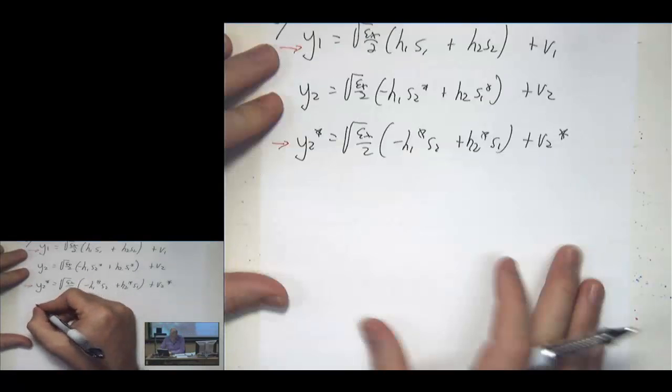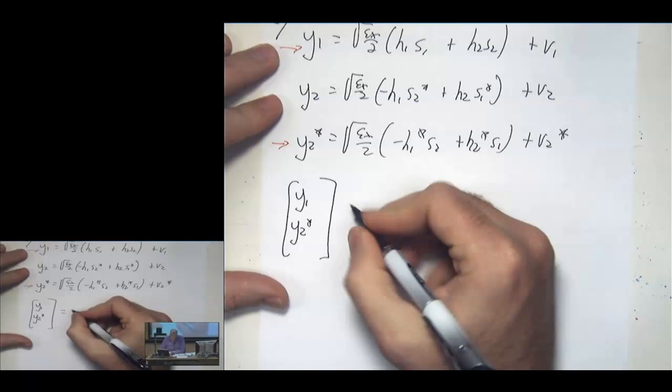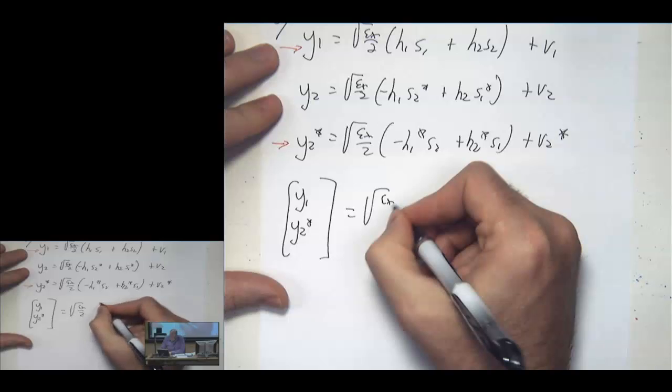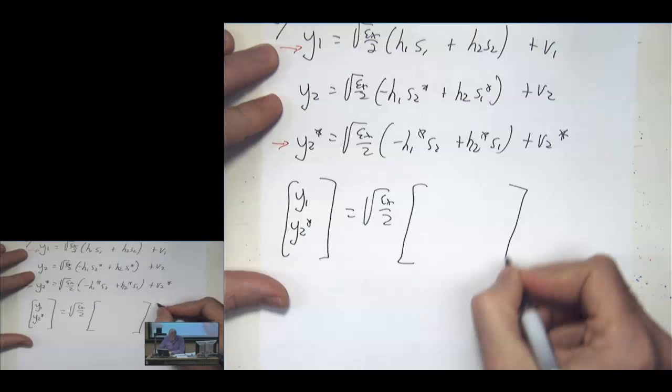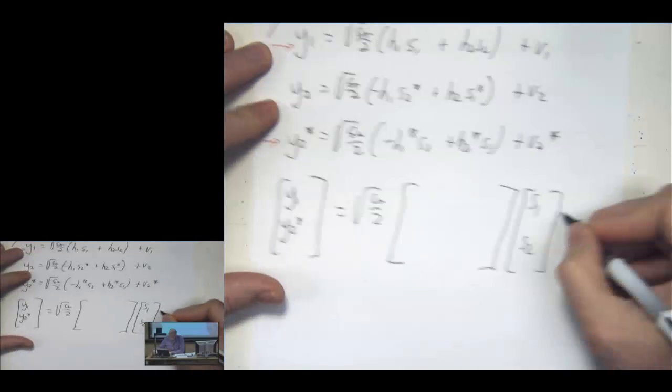So I'm going to put y1 and y2 conjugate here, and I'm going to write this as square root of Ex over 2. Now what I'm after are these symbols, s1 and s2, so I'm going to put s1 and s2 here. And then I'm going to put the noise over here.